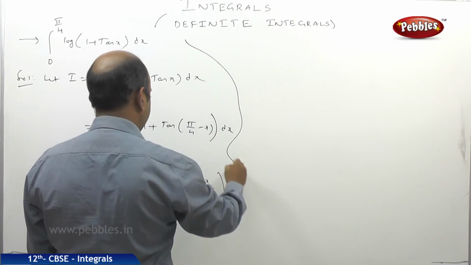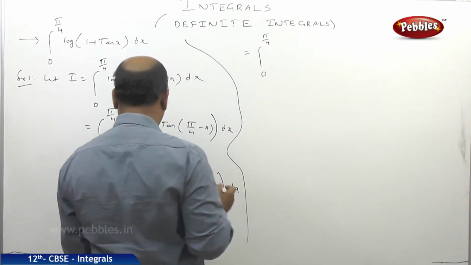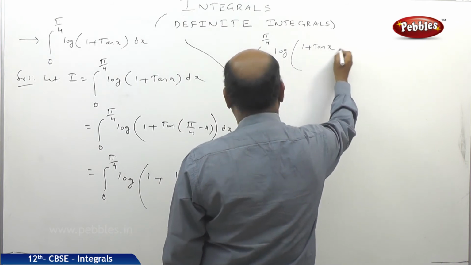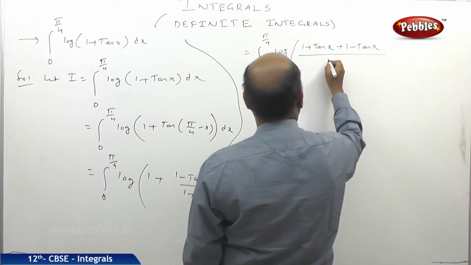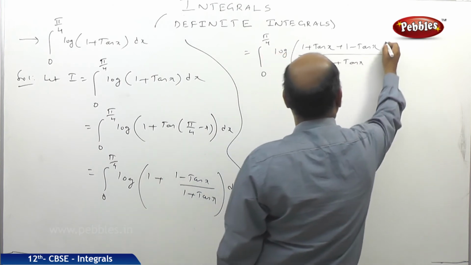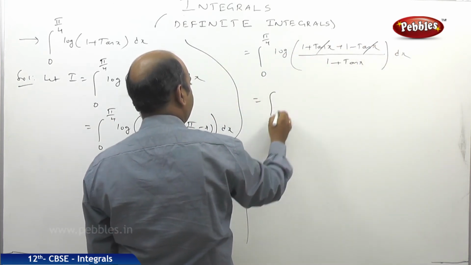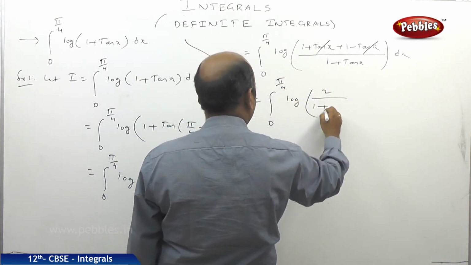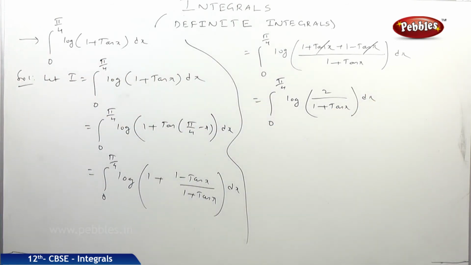So finally, that is equal to the integral from 0 to pi by 4 of log of 1 plus tan x plus 1 minus tan x divided by 1 plus tan x, and outside that will be dx. So tan x will get cancelled. So integral from 0 to pi by 4 of log of 2 by 1 plus tan x dx.